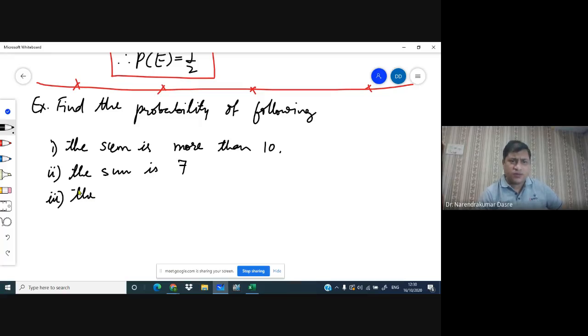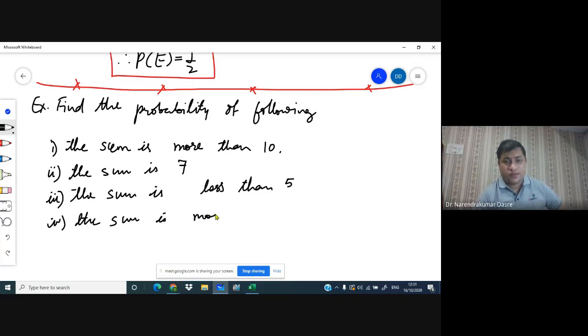Or third, the sum is less than 5. And 4, the sum is more than 10.